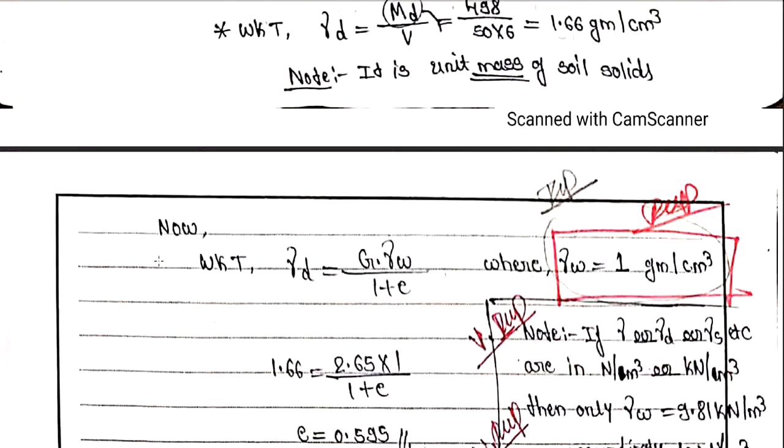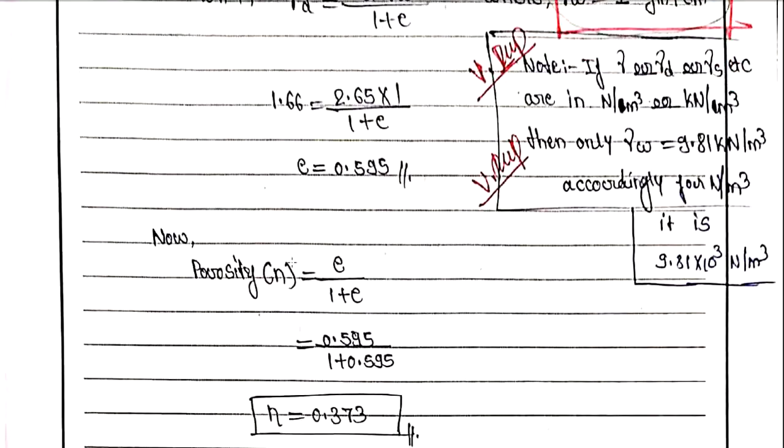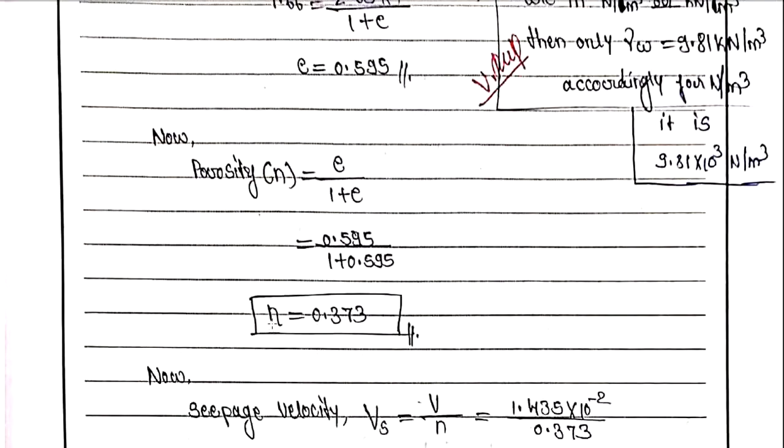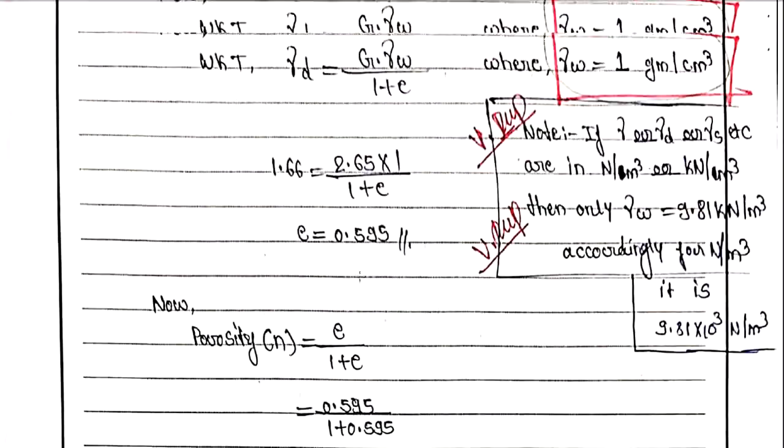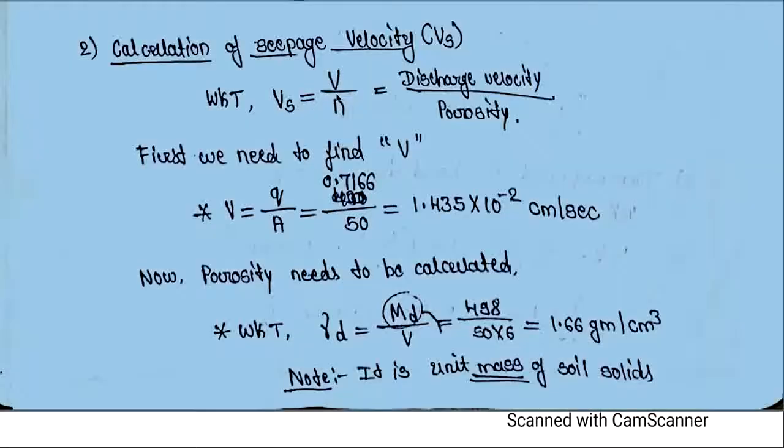After that, I have calculated e, because G they have given, gamma w I know, so I can calculate e. Once I know e, I can easily calculate n. n and e have a relation: n is equal to e divided by 1 plus e. After I calculate n, here I know n and here I know V, so by knowing n and V, I can calculate the seepage velocity.